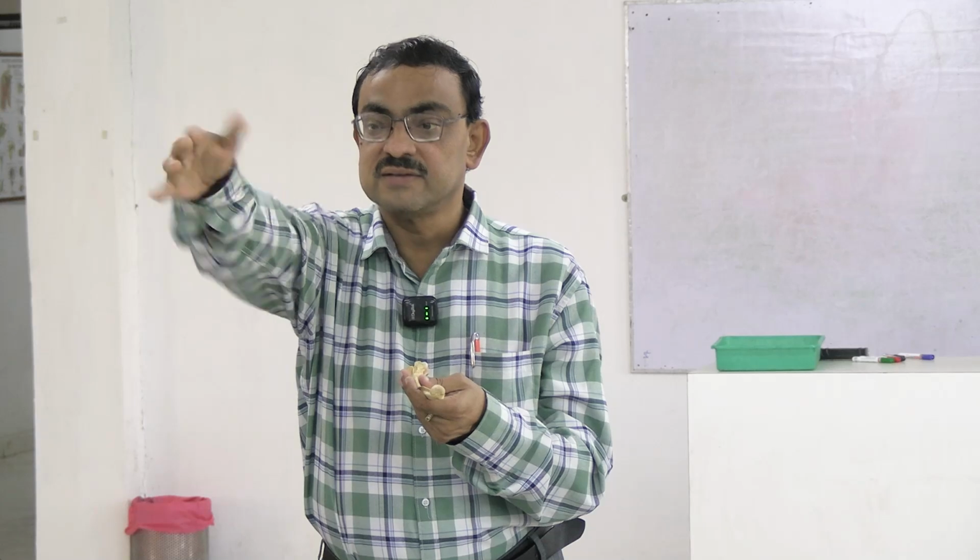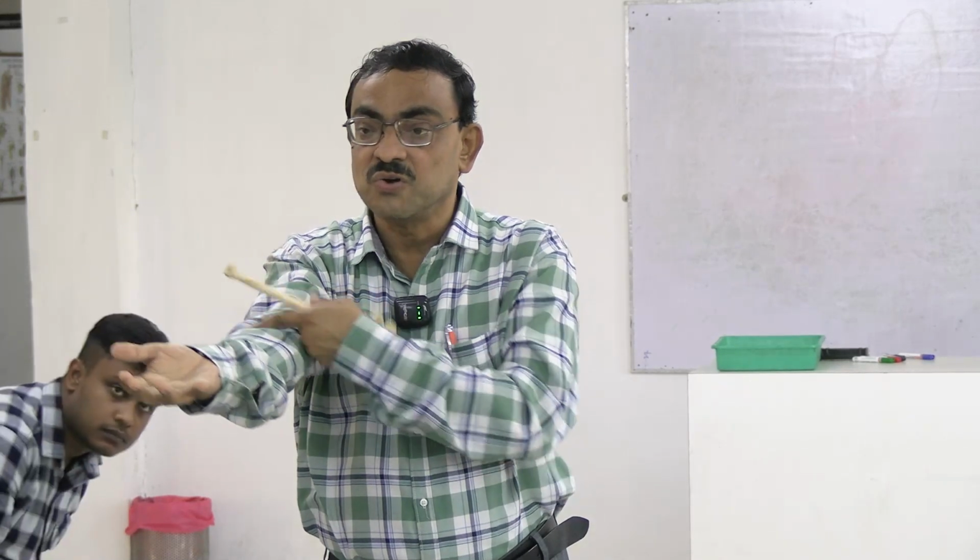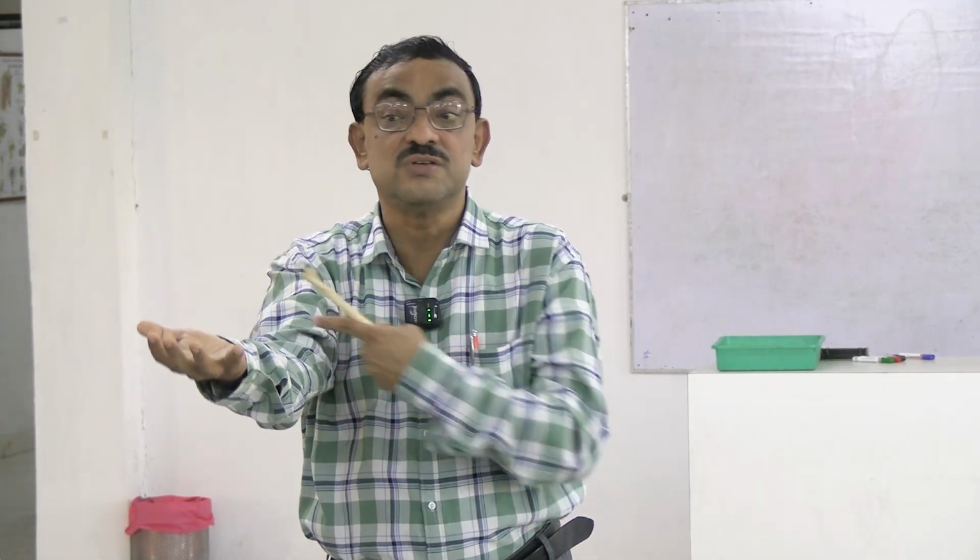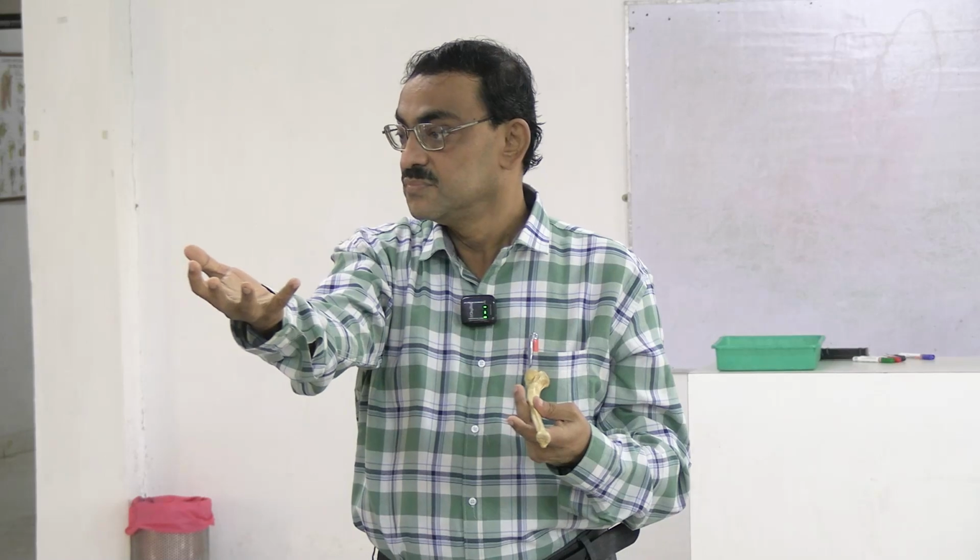This is pronation and this is supination. Kings pronate, remember, beggars supinate. So from pronation to supination, this is helped not only by the supinator muscle but also by the biceps muscle. Very strong supinator.